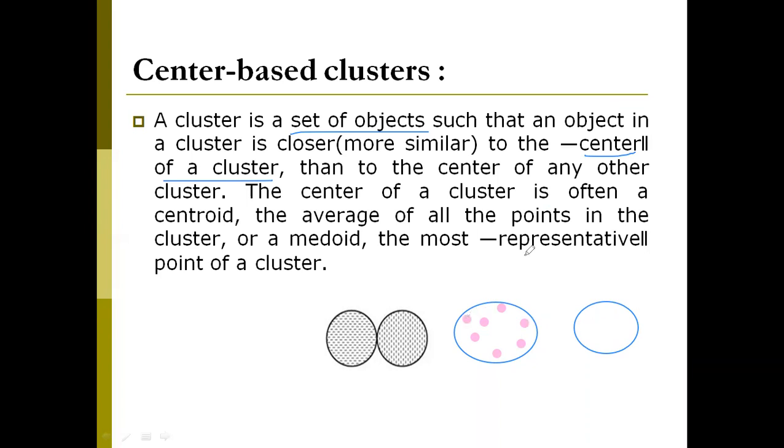These are one set of data points, and here is another set of data points. These are different data points within two clusters. Now we need to find a center point. Among all these data points, which one is the center data point? Assume this is the center point.